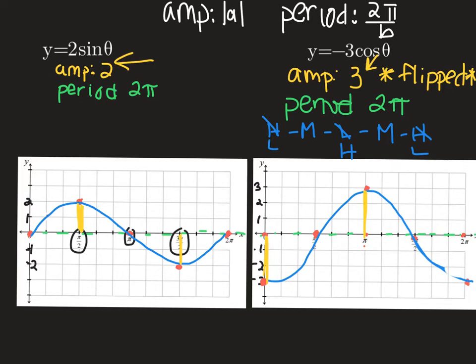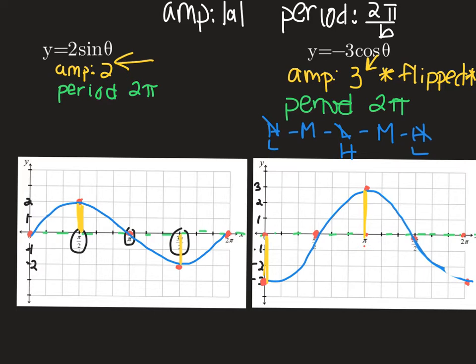The period before it starts repeating again is 2 pi, and it switches graphs. It becomes flipped, so this function is upside down compared to what our parent function looked like, which started high.